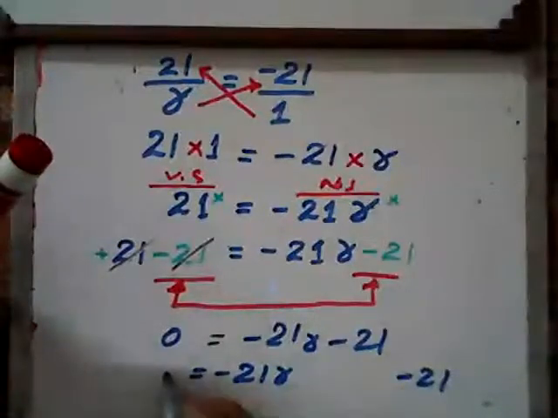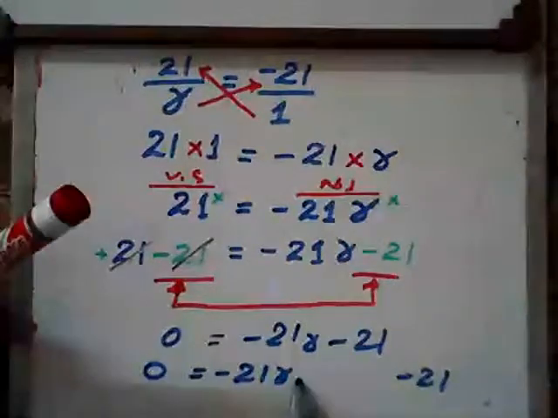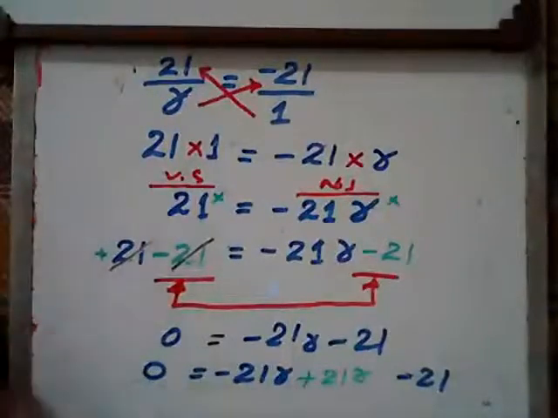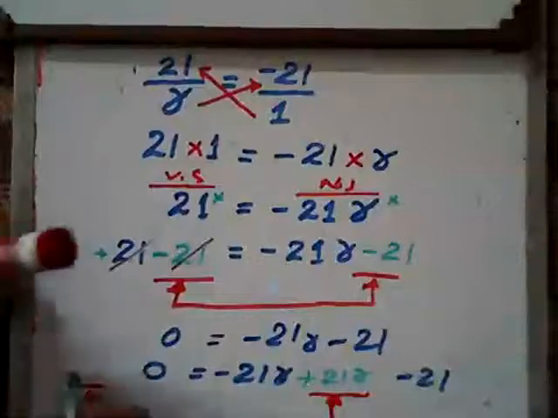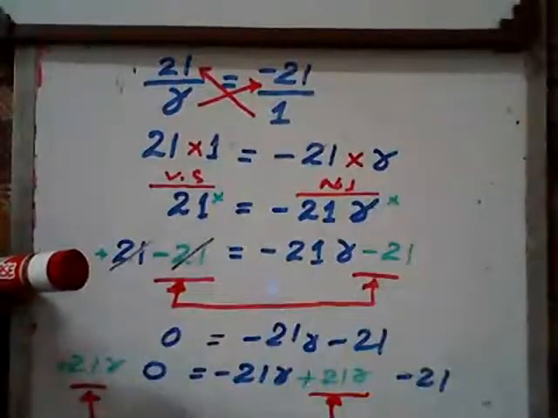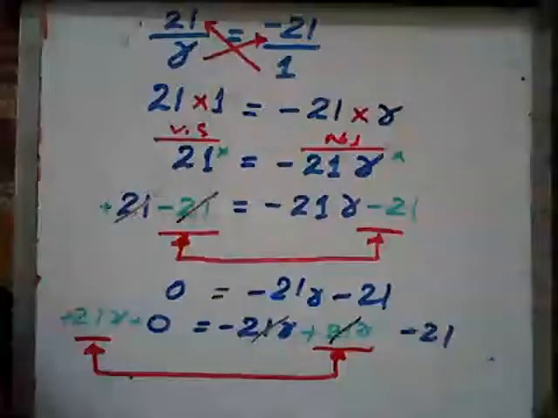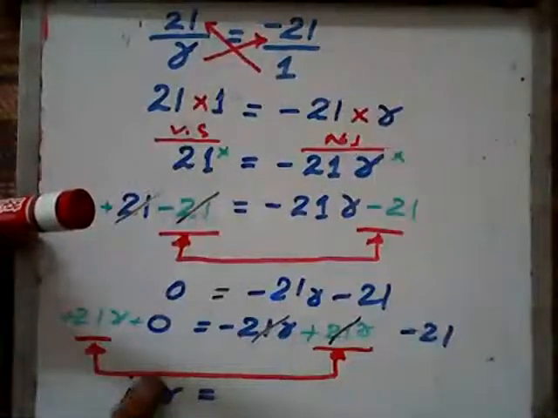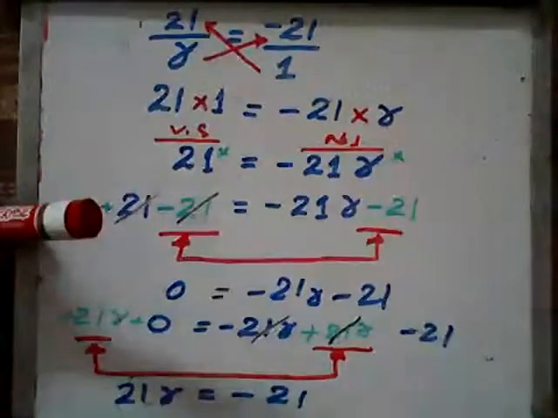Now how to remove this? There's 0 already. We are doing plus 21r, and we'll do the same thing on the other side, because this is disbalancing the equation. So we'll be doing the same thing here, plus 21r, and plus 0. So now 21r plus 0 means 21r is equal to minus 21, only this is remaining.